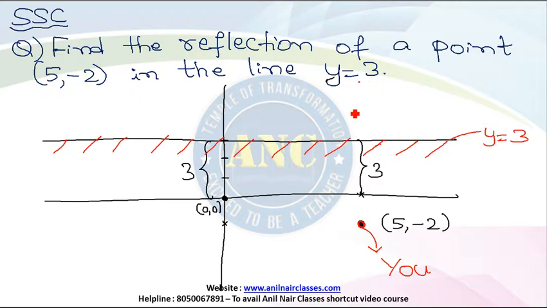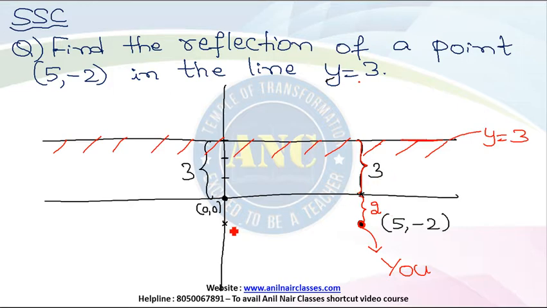Simple, right? Now see here, I told you that from the line y = 3, however much distance this point is there, the same distance this point should also be there. From here to here it is 3 units. From here to here it is 2 units downwards. Totally it is 5 units.